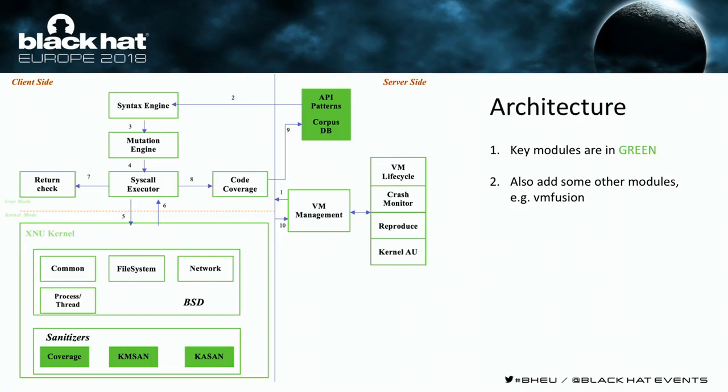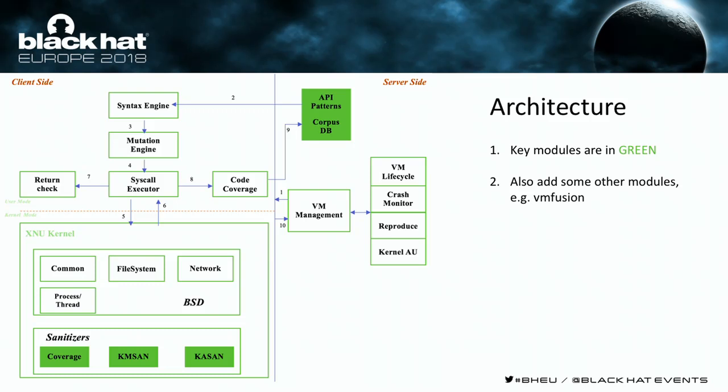This is the architecture of our tool, and it is almost the same as syzkaller. Let me introduce the basic process. Step 1, the VM management on the right side will start the client instance, and the syntax engine in the client instance will load the API patterns and the corpus DB, and then generate the programs and pass them to the mutation engine to mutate.